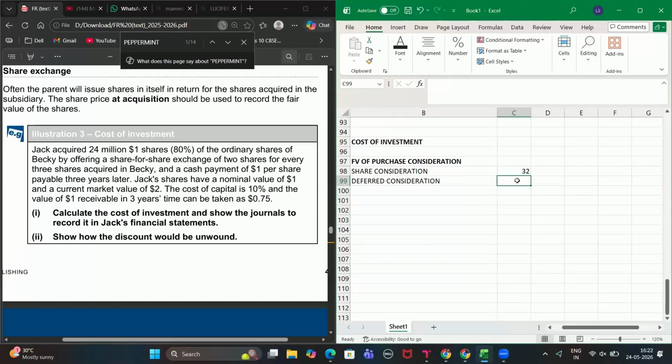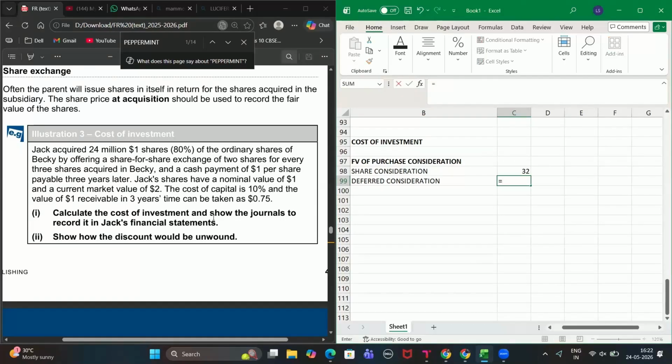Okay, fine. How much is the deferred consideration here? Some are telling it's 24. Okay, fine. Just wait. Two shares for every three shares acquired in Becky and a cash payment of $1 per share payable 3 years later.